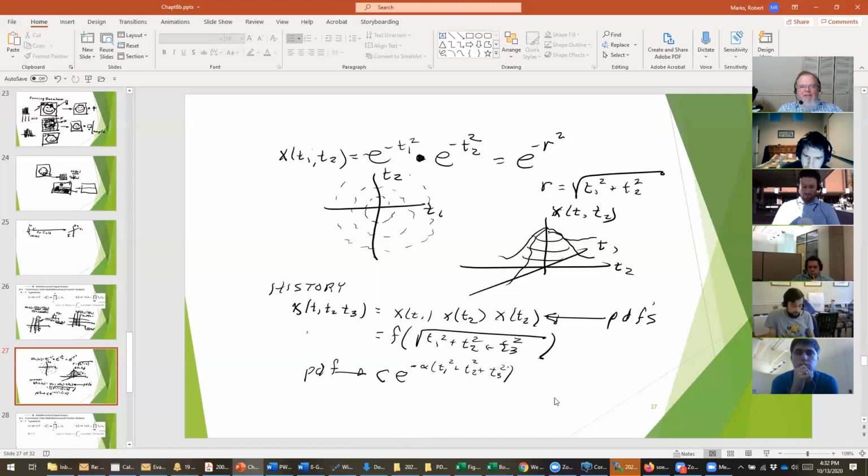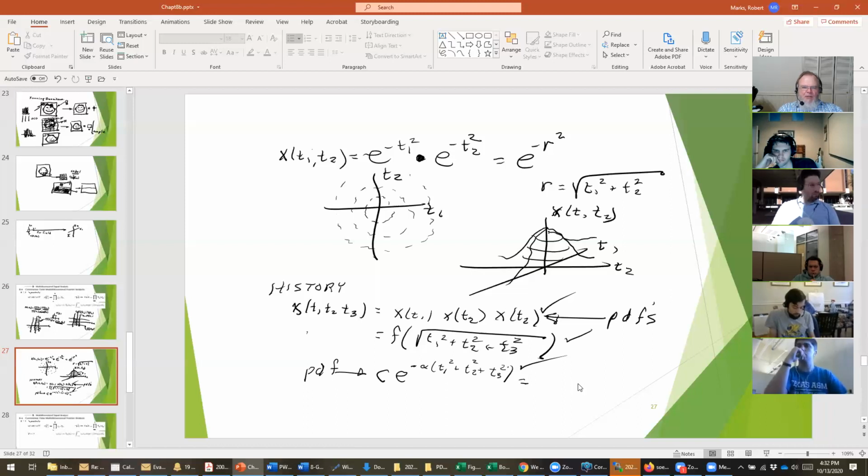Because can you see, this is a separable function, isn't it? This is equal to e to the minus alpha t1 squared, times e to the minus alpha t2 squared, and so on, plus it has spherical symmetry. And just by these two properties, and I look back historically and I think this guy was a genius, he proved that this was the only solution that met these two criteria.